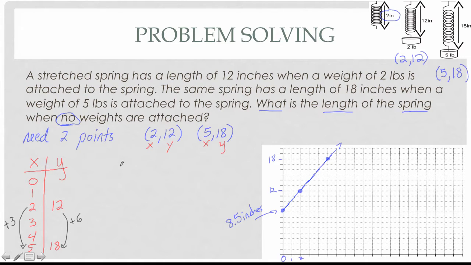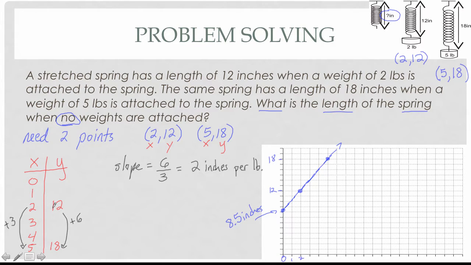So in terms of a slope, I add 6 inches to my spring when we added 3 pounds of weight. So my slope, 6 divided by 3, is 2. What that means is the spring stretches 2 inches per pound. That's my rate. And if we have that, we can work backwards then.